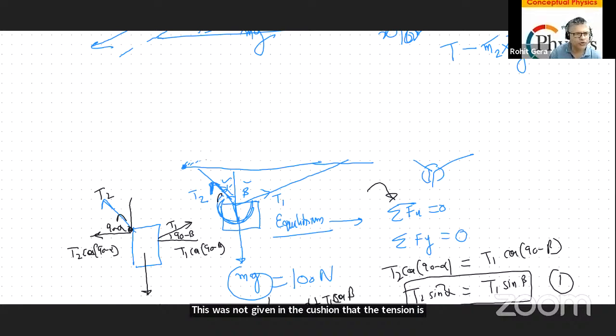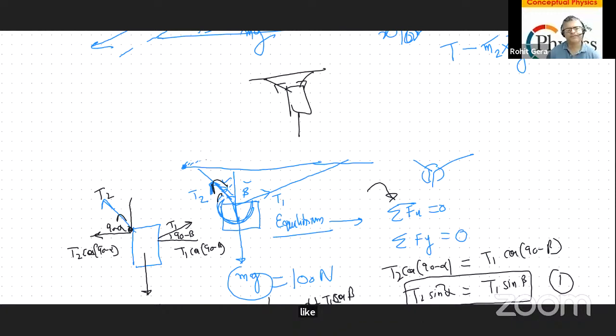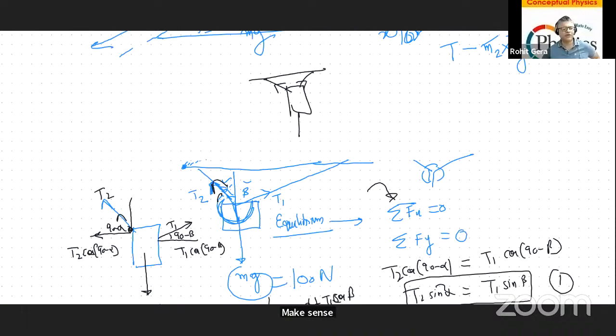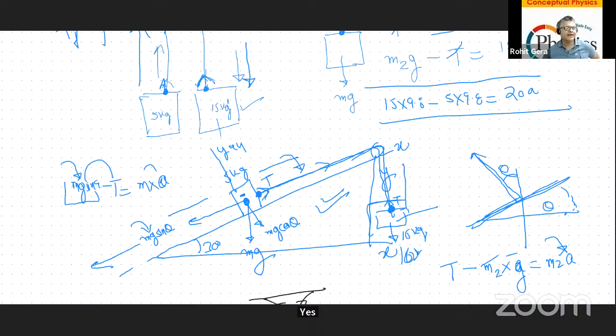What was given was only this diagram, and the condition of equilibrium. You had to decide that the tension is acting like this, pulling, and then of course the rest is vectors. Make sense? Lami's theorem is fine because we know it, but what if we don't know Lami's theorem and are in the process of learning tension?